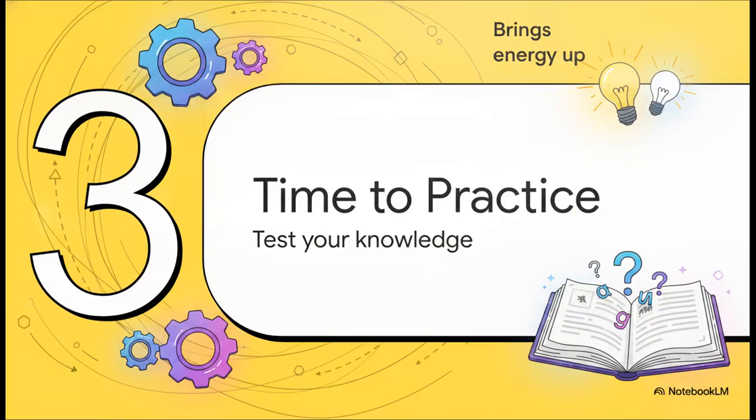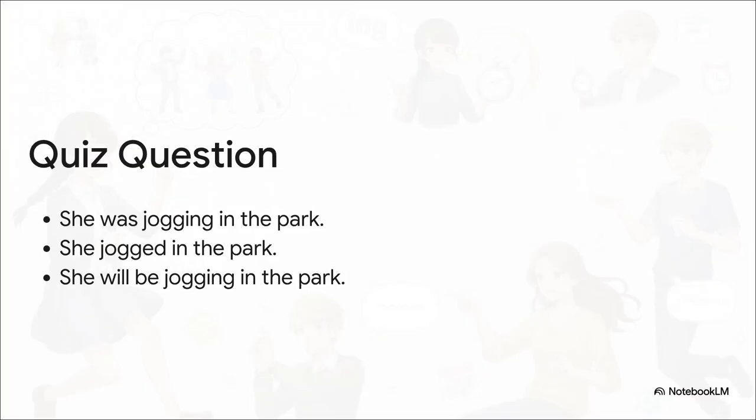Time to practice, test your knowledge. Let's bring the energy up and put your newly acquired toolkit to work with a quick round derived straight from the sources quiz. Okay, here we go. What action was Sarah doing yesterday at 5 p.m. according to the past continuous tense? Read these three options carefully. Look for those structural clues we talked about and see if you can spot the one that perfectly follows our was or were plus verb-ing formula.